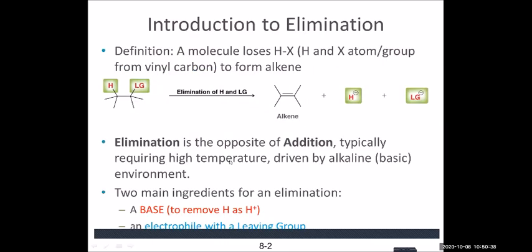An elimination reaction is when the molecule loses a hydrogen, with X being the leaving group, and these two, the hydrogen and leaving group, are next to each other.